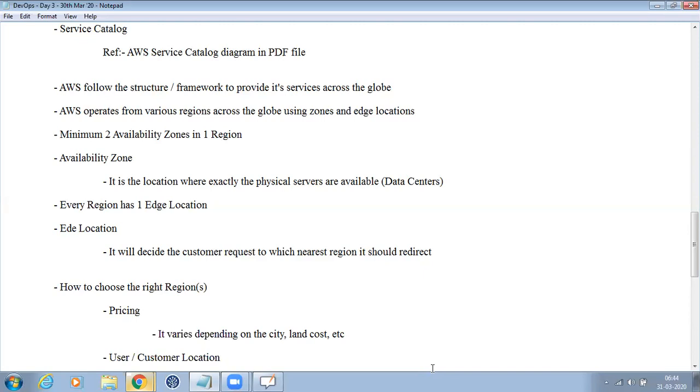Then we can go and create there, so the customers can access faster than if we create in other locations or regions, right? So customer location, or where my customers are located, I should consider before I choose a region.